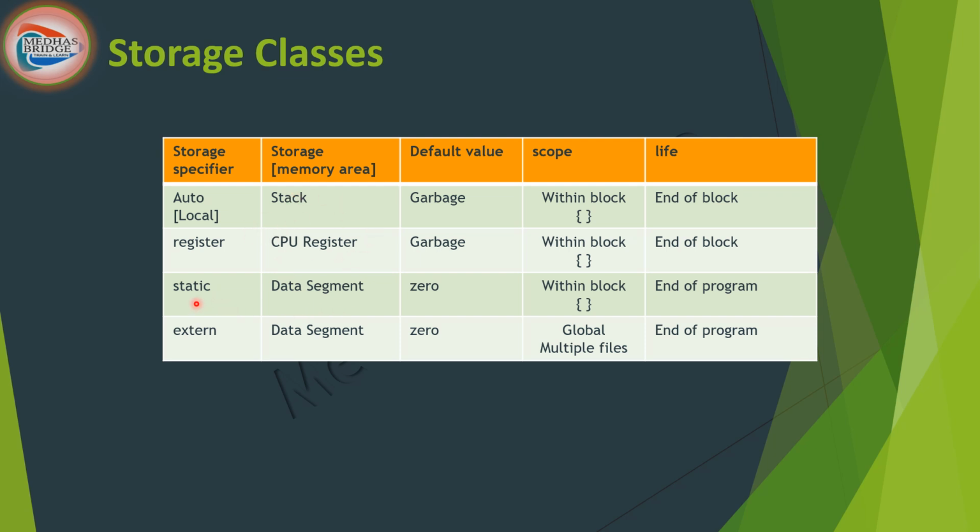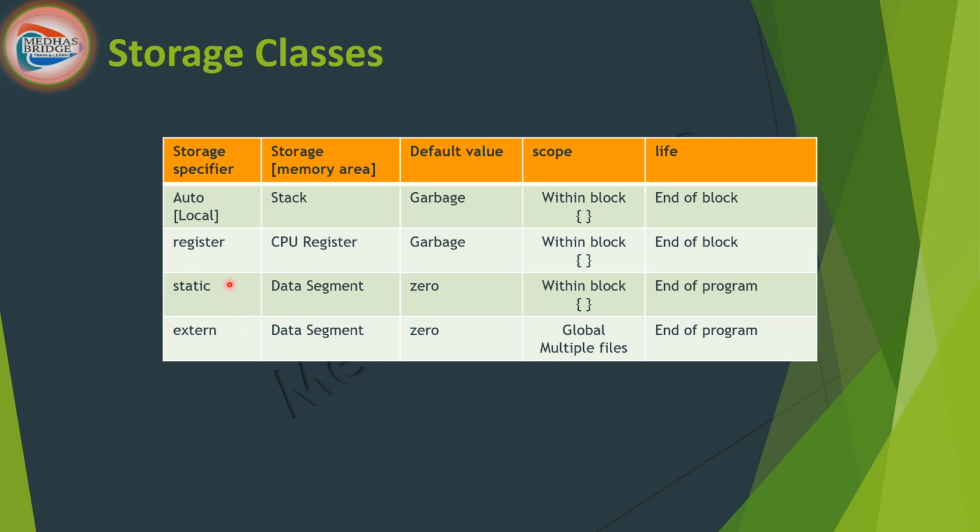Now look at static and extern. Both occupy the data segment. The default value for static and extern variables is 0. If you don't initialize them, they take 0. And the scope is a little different here. The scope of a static variable is within the block, but extern is global for all the files within the project.